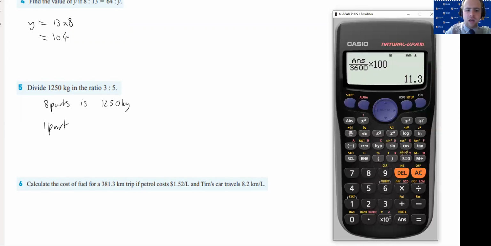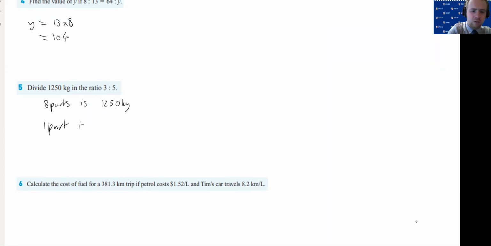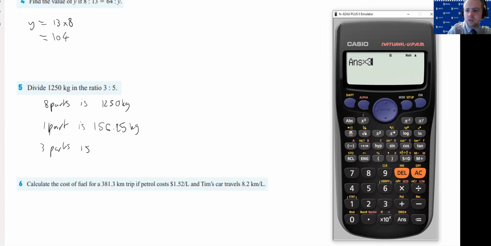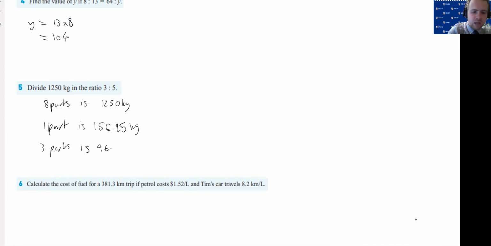So we get out our calculator, we go 1250 divided by 8, and we get our answer 156.25. Okay, so then 3 parts is going to be that times 3, which is 468.75, 468.75 kilos, and then 5 parts.